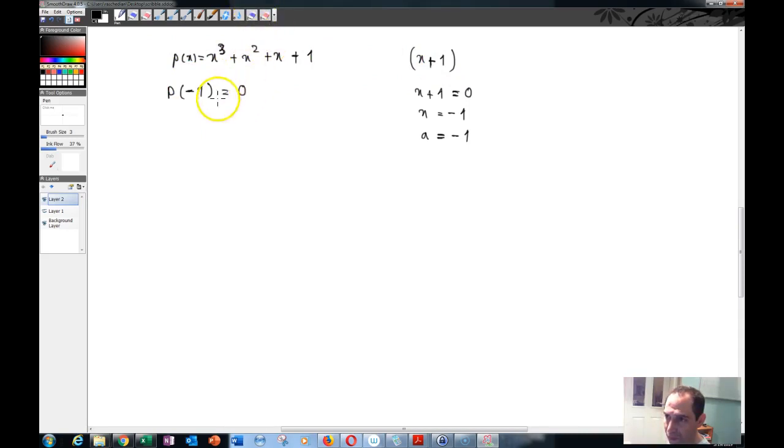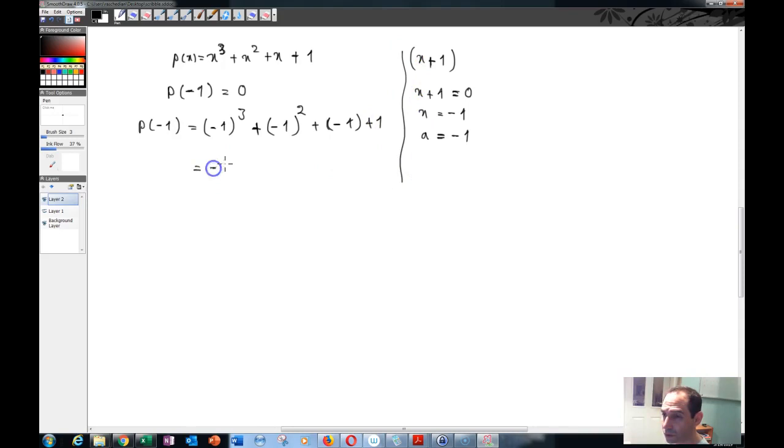So then I can calculate p of negative 1 over here, which is equal to negative 1 whole cube plus negative 1 whole squared plus negative 1 plus 1.